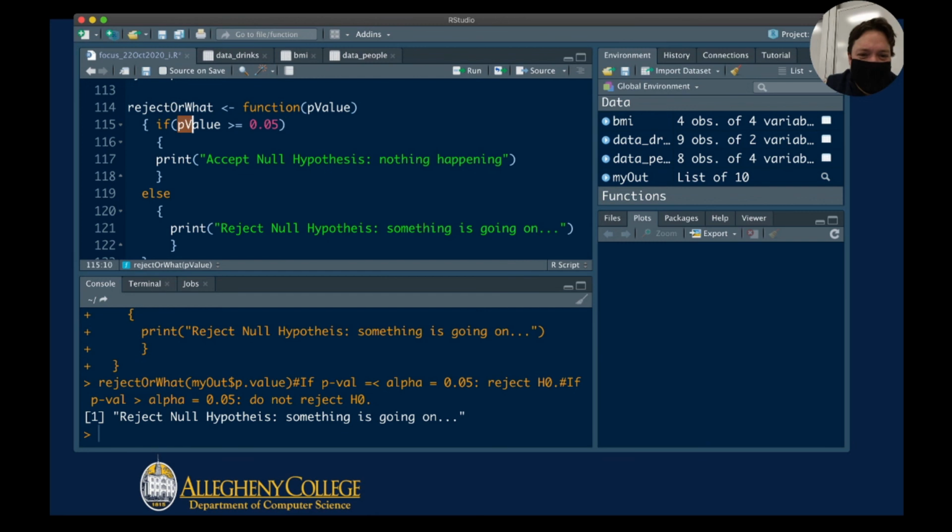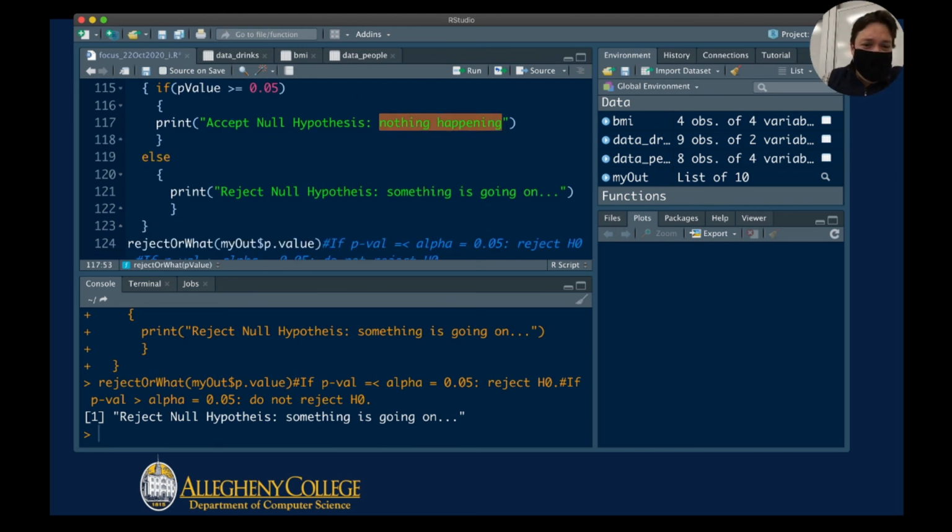If my p-value is greater than 0.05, then accept the null hypothesis to suggest that nothing is happening. That means there's no difference between my bottles. And if that's not the case, then reject the null hypothesis. In other words, embrace the alternative hypothesis, which is saying that something is happening.